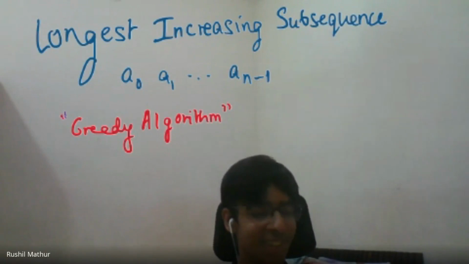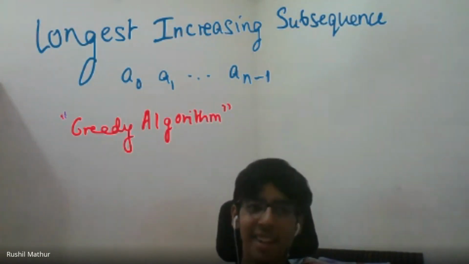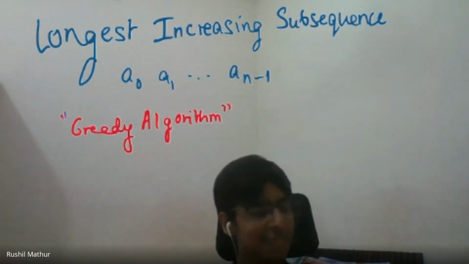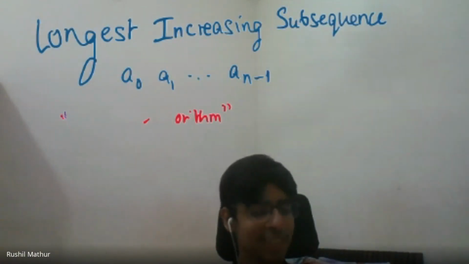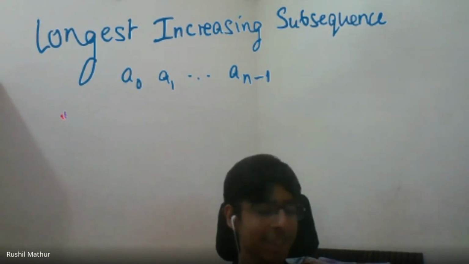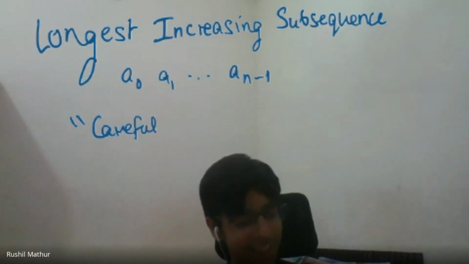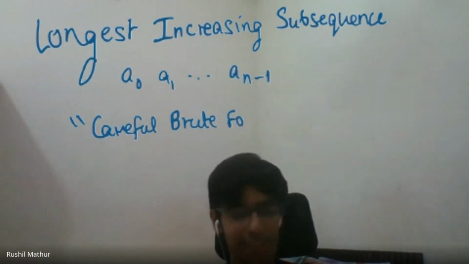So essentially dynamic programming is an improvement to greedy algorithms, because we don't guess. Instead, we try out everything in a way that avoids exponential time. Dynamic programming is called a careful brute force, which is very interesting, like an oxymoron, if you know what oxymorons are.